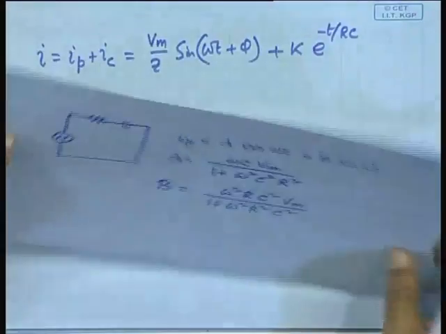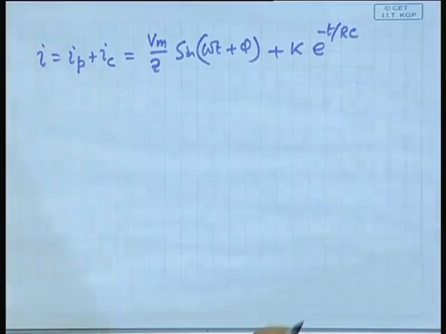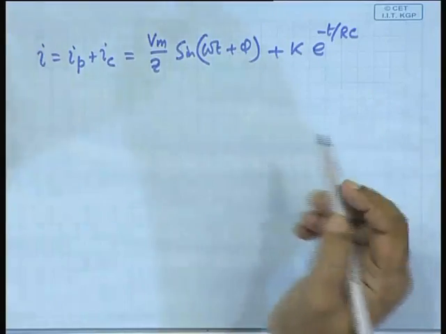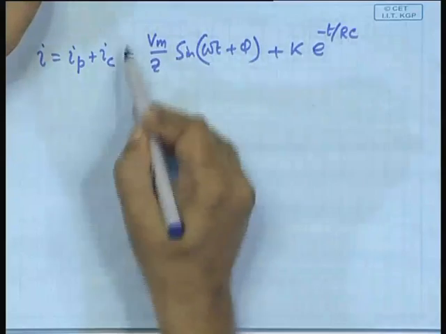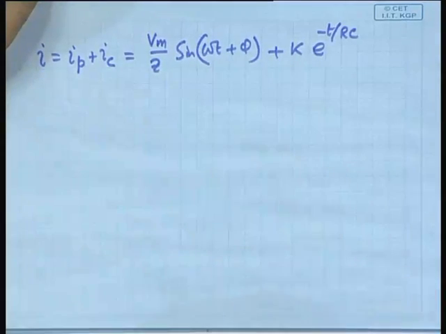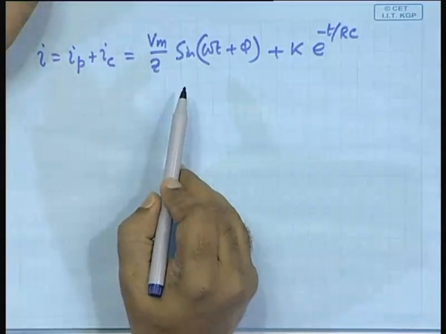Fine. So, let us start with the condition that the initial current is 0, the applied voltage having been switched on at the moment of 0 crossing. In that case the current is 0. So, this should, at t is equal to 0, yield 0 on this side. So, what is this side at t is equal to 0?